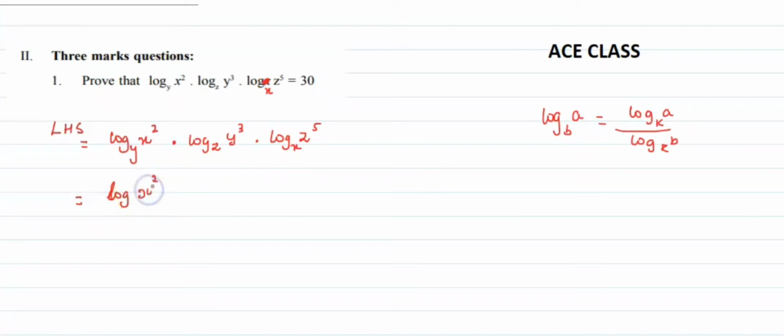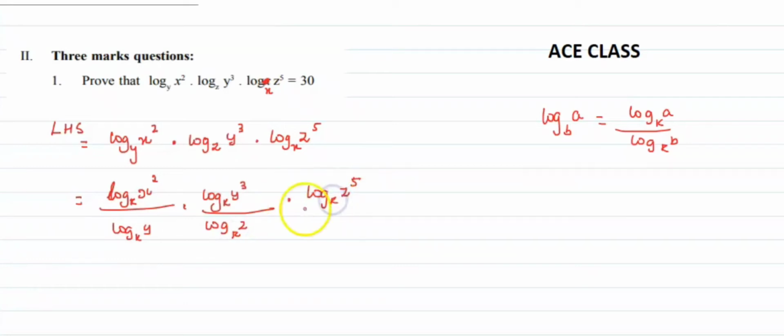So that is log x squared to the base k divided by log of y to the base k, multiplied by log of y to the power of 3 to the base k over log of z to the base k, multiplied by log of z to the power of 5 to the base k divided by log of x to the base k. Now you can write it using log of a power m can be written as m into log a.